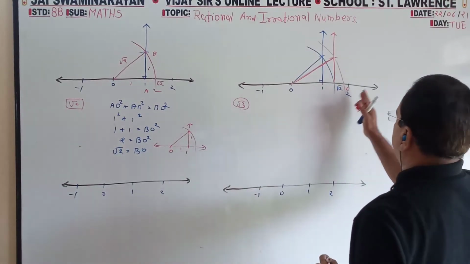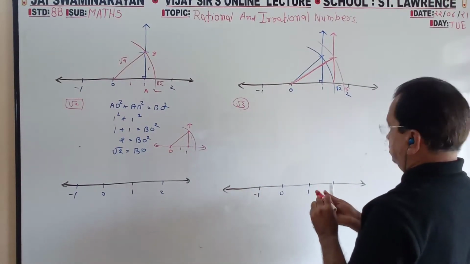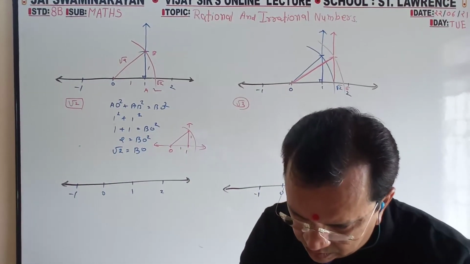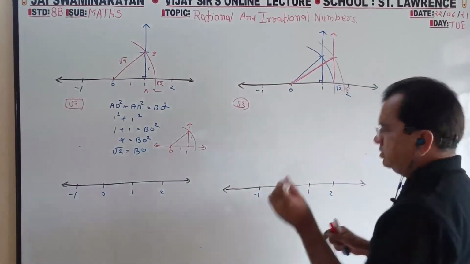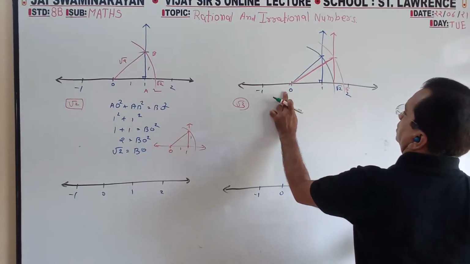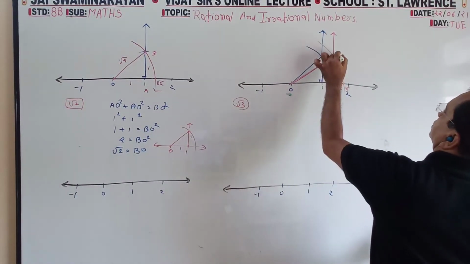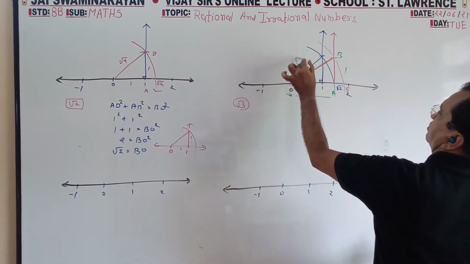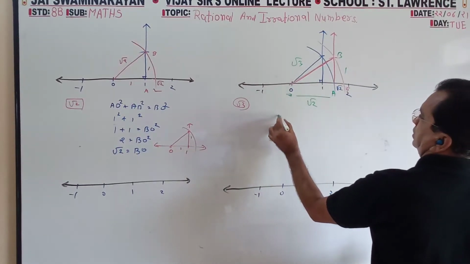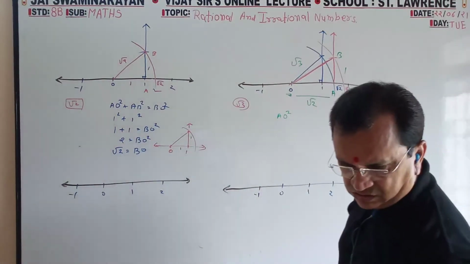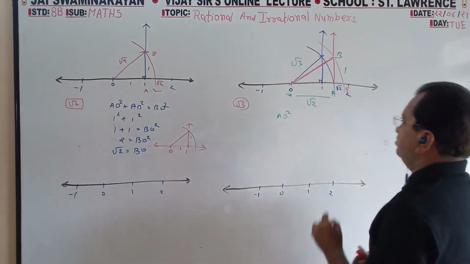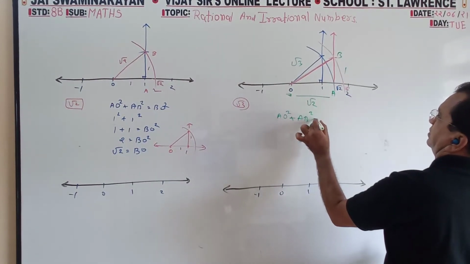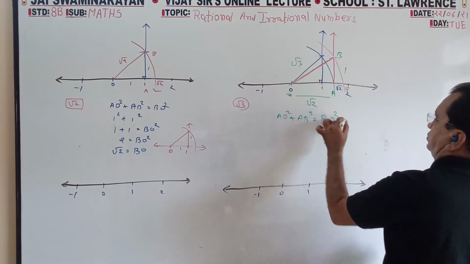Not on 2. 2 is this side, root 3 is this side. So again, this is O, this is A, this is B. This much is root 2, this much is 1, this much is root 3. So OA square, AB square, BO square.